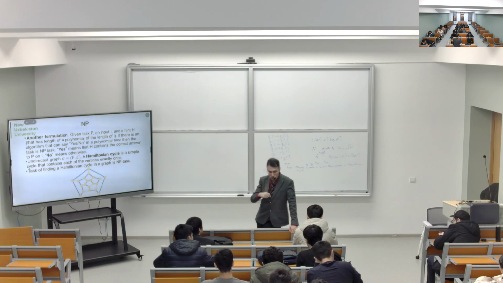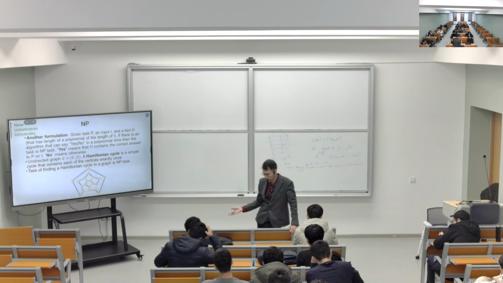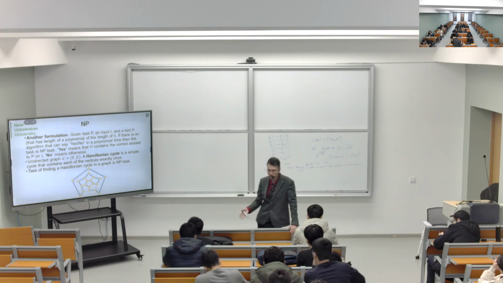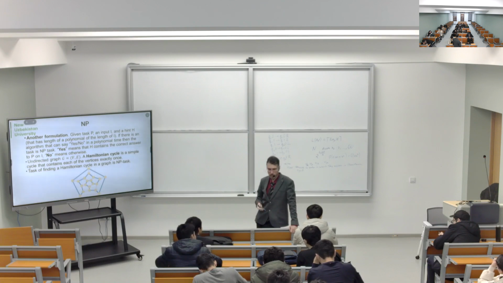Because all polynomial tasks are non-deterministic polynomial. If you can solve the task in polynomial time, you just solve it in polynomial time, and that's all. You already have the algorithm. You don't need to use the hint. You just solve it. But for some tasks, you need a hint to solve in polynomial time. So without a hint, it will take you much more time. Okay?